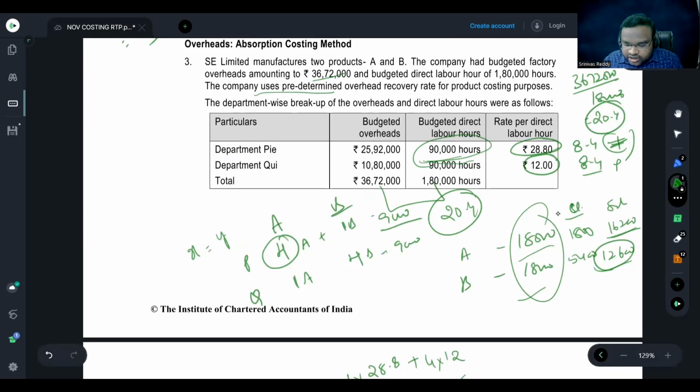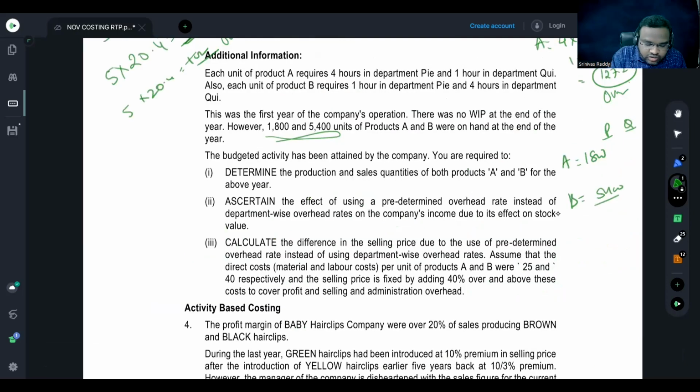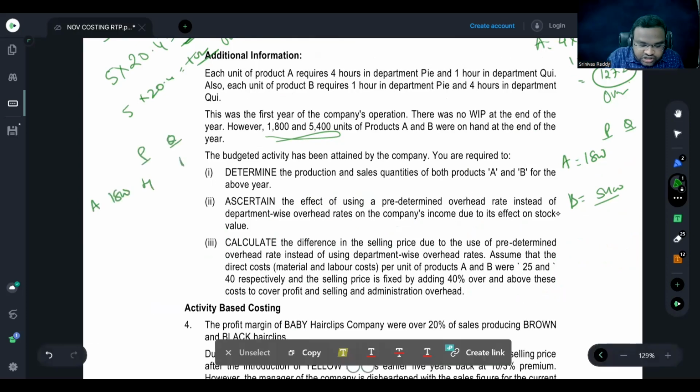Now, if it comes to A, 1800 units, in P and Q. In P, how many hours is it taking? 4 hours. Q, how many hours? 1 hour. What is the rate you are charging extra in P? 8.4, and in Q you are charging 8.4 less.